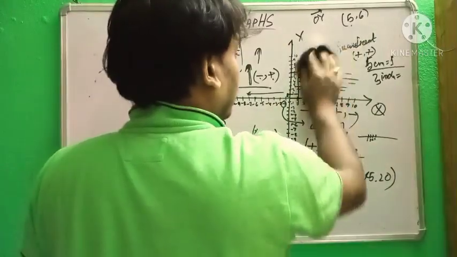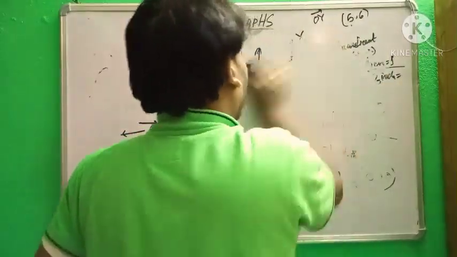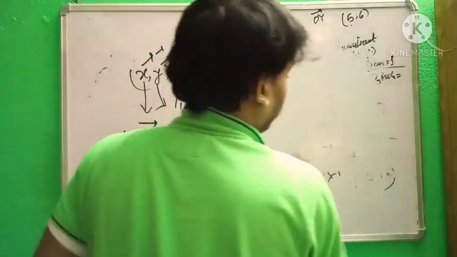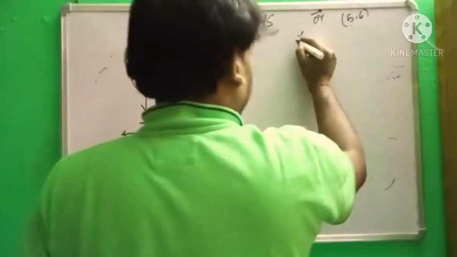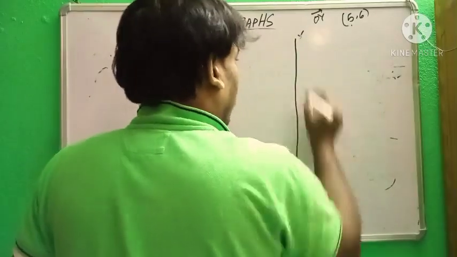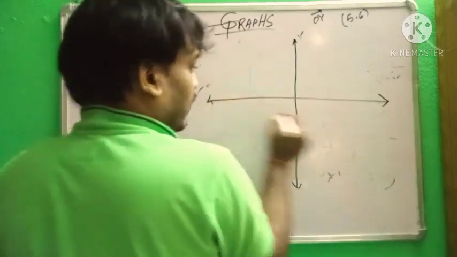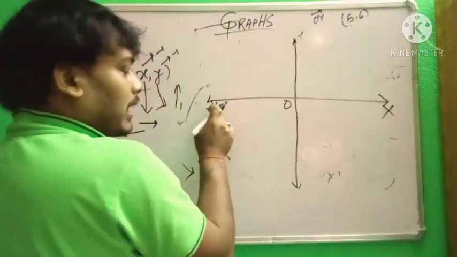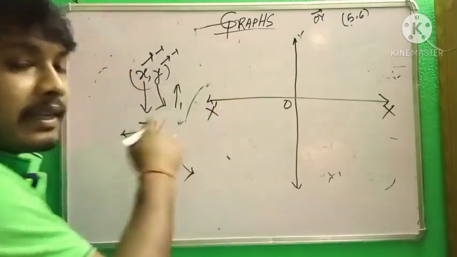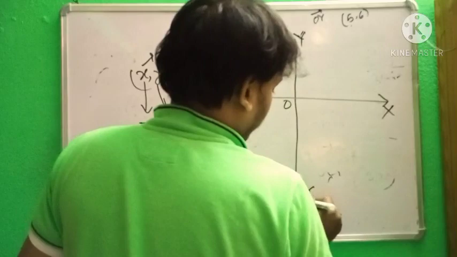Okay, rough, and again draw the coordinate axes. So what is the gist of this discussion? X and x prime, here prime means negative. Y and y prime.